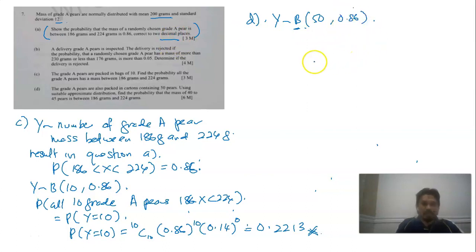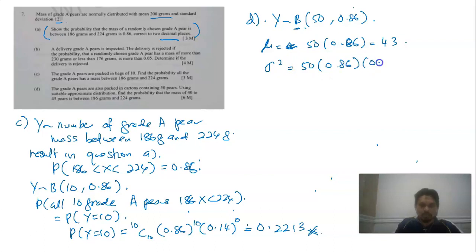So the mean of this is 50 times 0.86, equal to 43, and the variance equals 50 times 0.86 times 0.14.